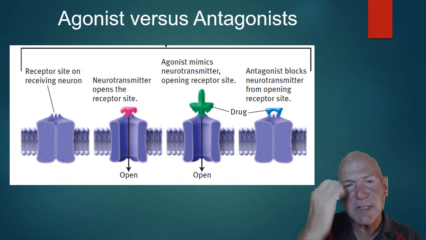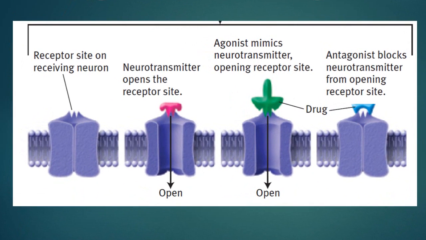Now, what an agonist does is copy that neurotransmitter. So the chemical makeup of the drug matches the shape of the neurotransmitter, because the receptor sites, again, work like a lock and key. The key has to fit the lock. So this is a representation of a natural neurotransmitter. Say it's serotonin.